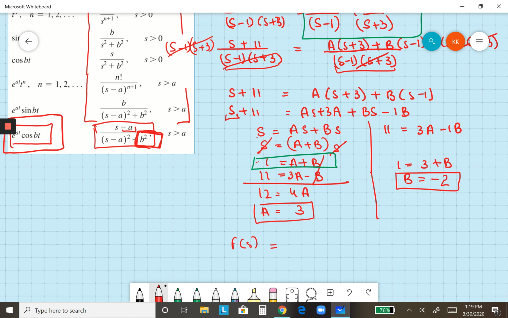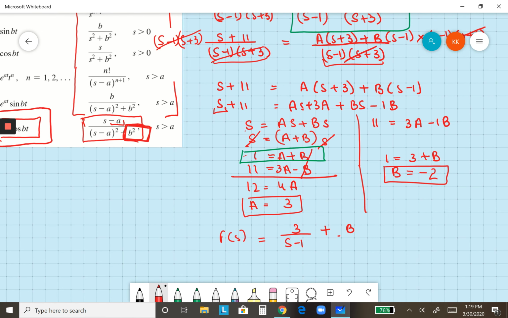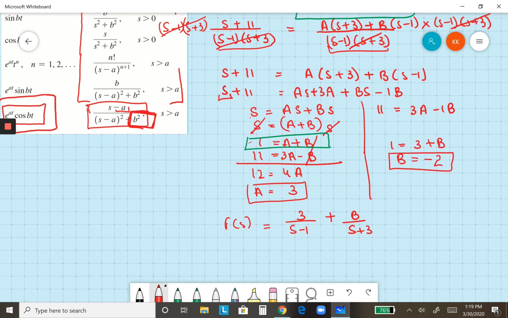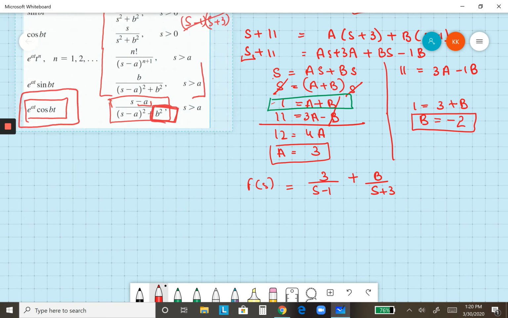So it will be A is 3 over s minus 1 plus B over s plus 3. And now we can use the Laplace table.